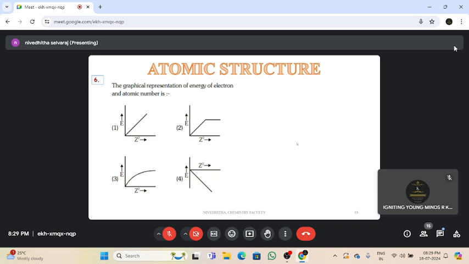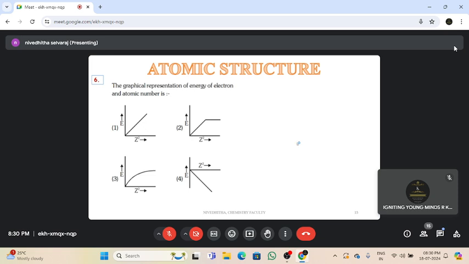Okay, Avantika's answer is option A. Tatvatika's answer is also option A. So what option A implies is, as the atomic number increases, energy is also increasing, right? But that is not actually true.